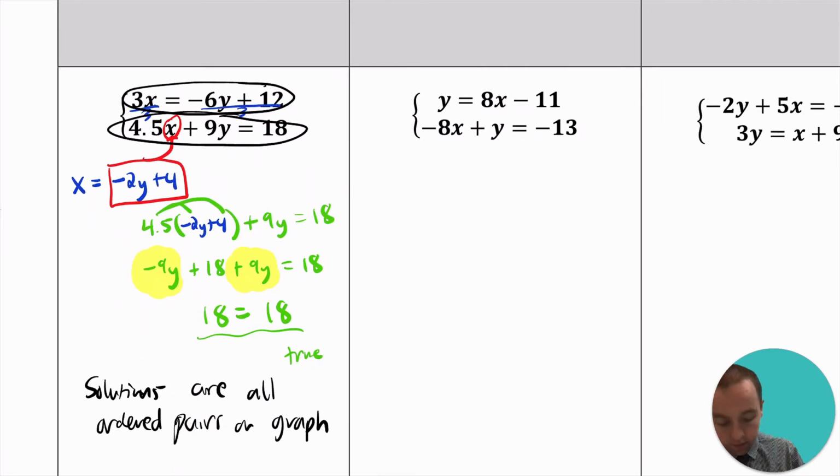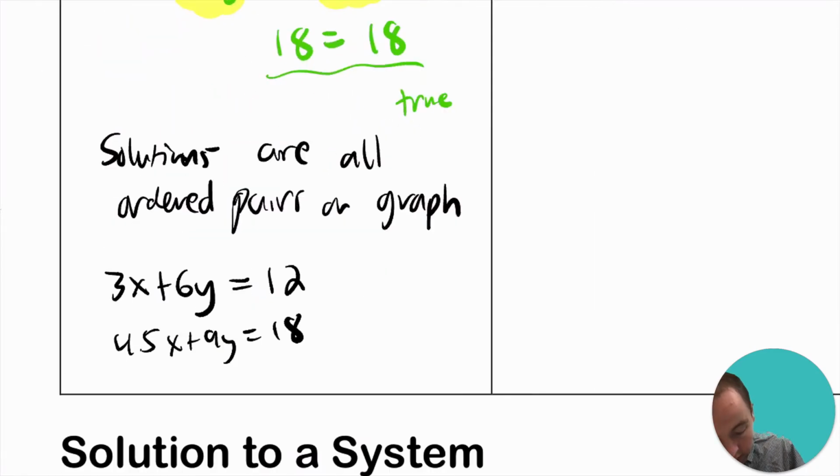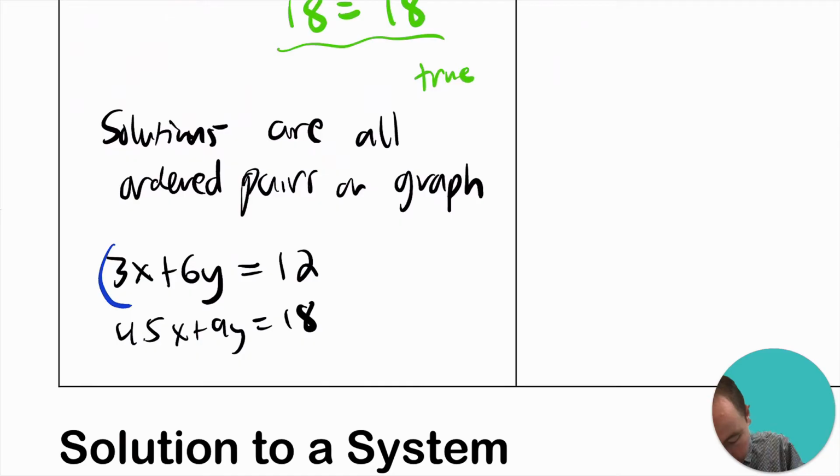And I want to show you why that is, because if you take this equation right here, 3x plus 6y equals 12, and then that equation, which is 4.5x plus 9y equals 18. No matter what, if you do the same thing to both sides of an equation, it's still the same equation in equivalent form.